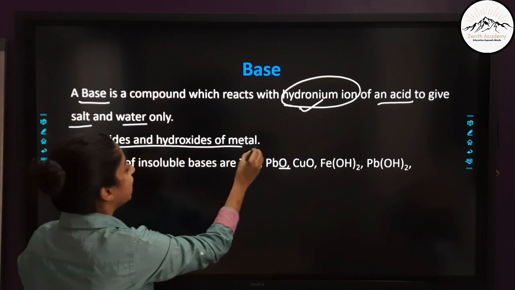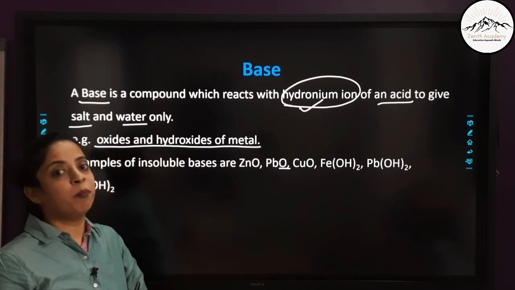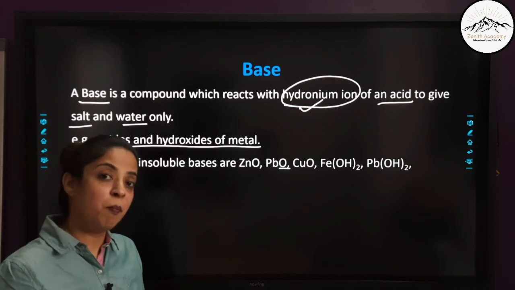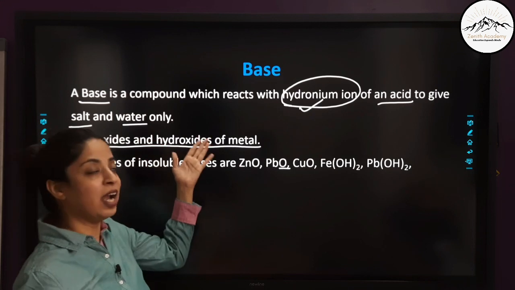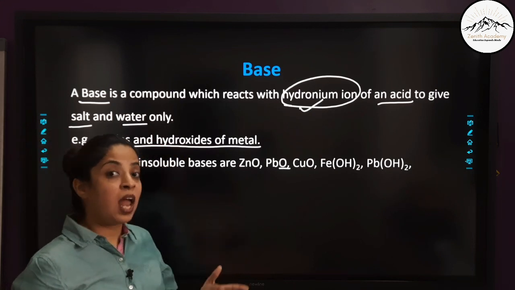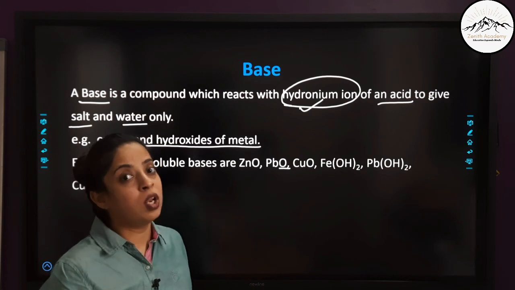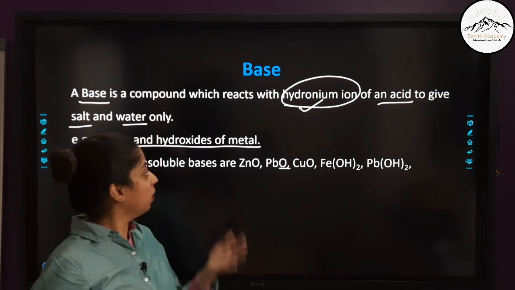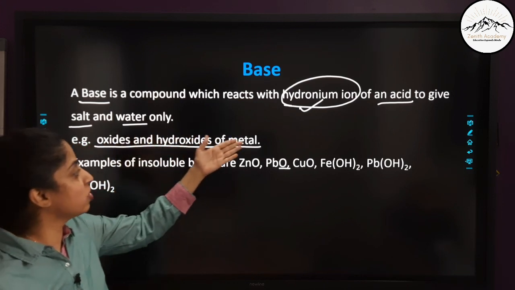Oxides and hydroxides of metal. We know that metal oxides or metal hydroxides are basic in nature. So bases are oxides and hydroxides of metal. And non-metal, if we take oxide or hydroxide of non-metal, then it is an acid. But right now we are talking about base, so oxides and hydroxides of metal.